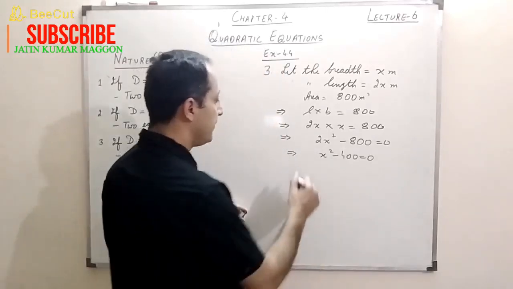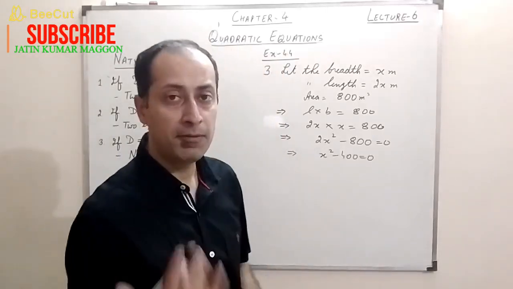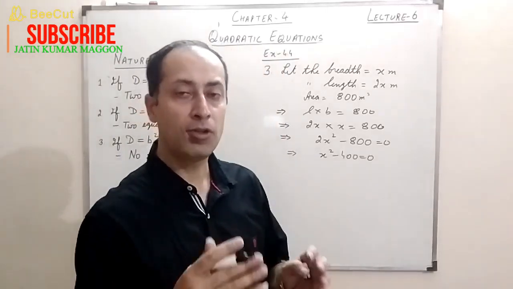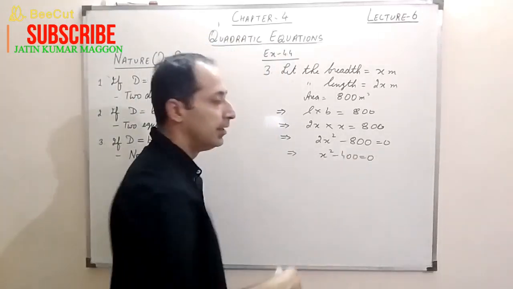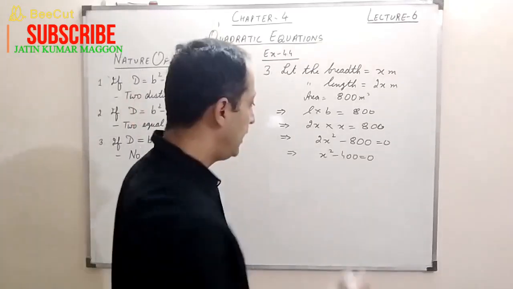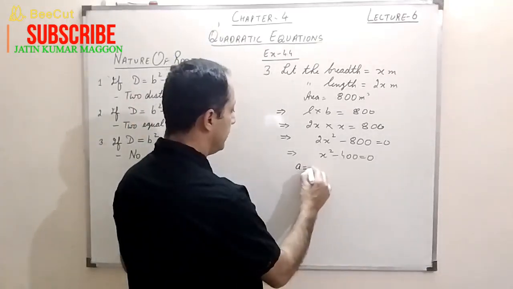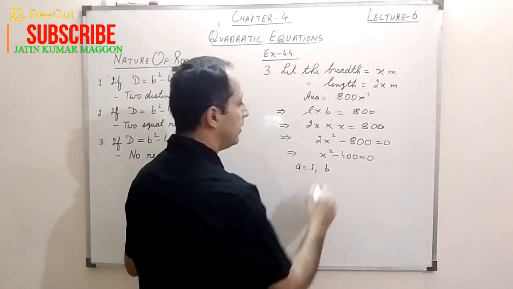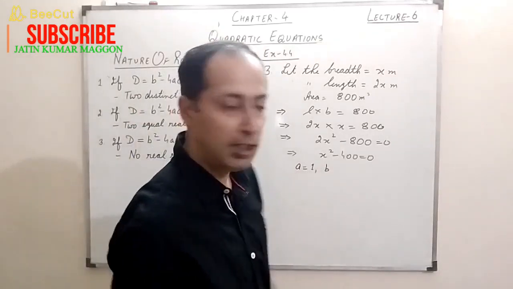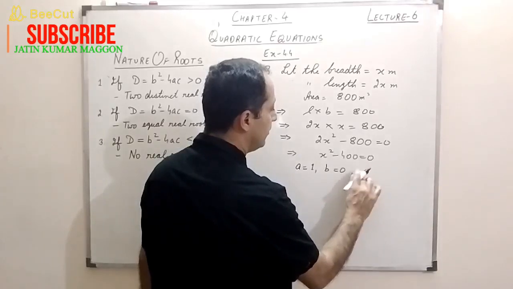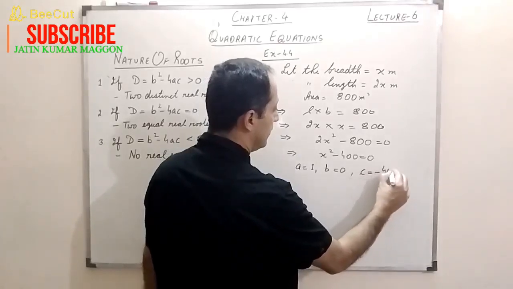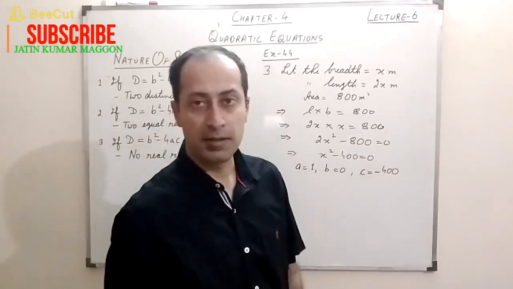So we find D, and before finding D, what do we have to write? We have to write the values of A, B, and C. So if we compare this with the general form of the equation, A we have as 1, the middle term B is not given to us, so B is 0, and C is equal to minus 400, right?